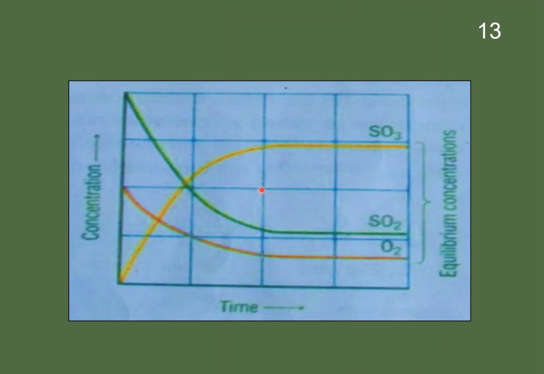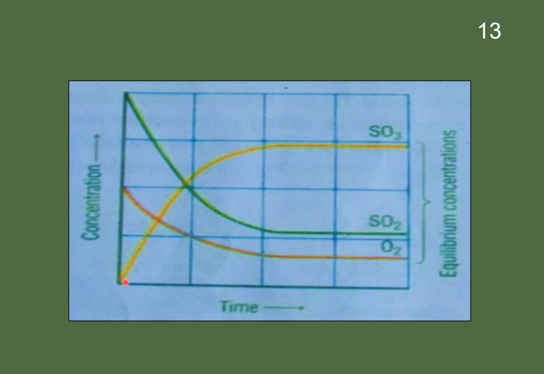This is the concentration and time graph in which time is plotted on the x-axis and concentration is plotted on the y-axis. Look at this graph. You notice that the concentration of sulfur dioxide and oxygen initially is high, and these two are the reactants. The concentration of sulfur trioxide is very low, and sulfur trioxide is the product.